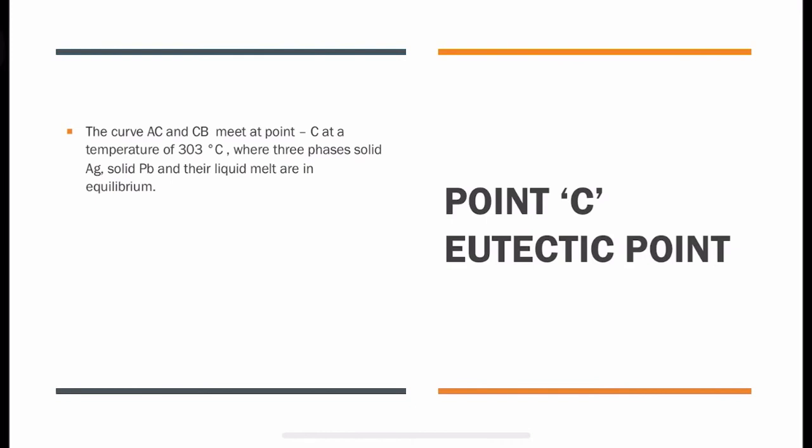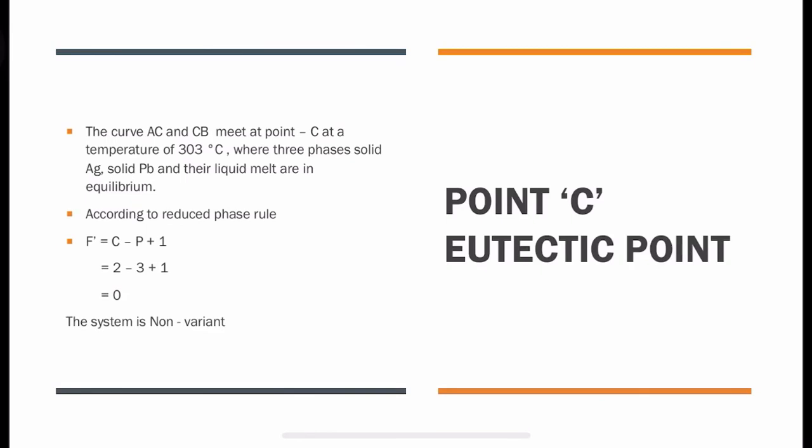According to the reduced phase rule, F dash is equal to C minus P plus 1 is equal to C minus 3. Here three phases are available: Ag, Pb and its melt, right? So degree of freedom is 0. So that is called univariant. Sorry, this is called non-variant.